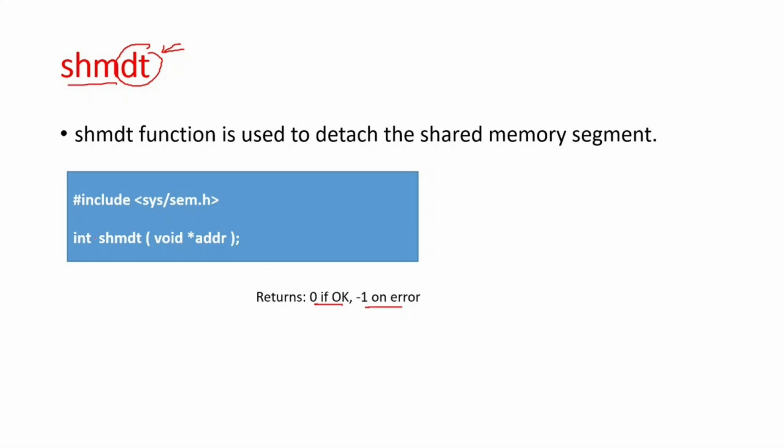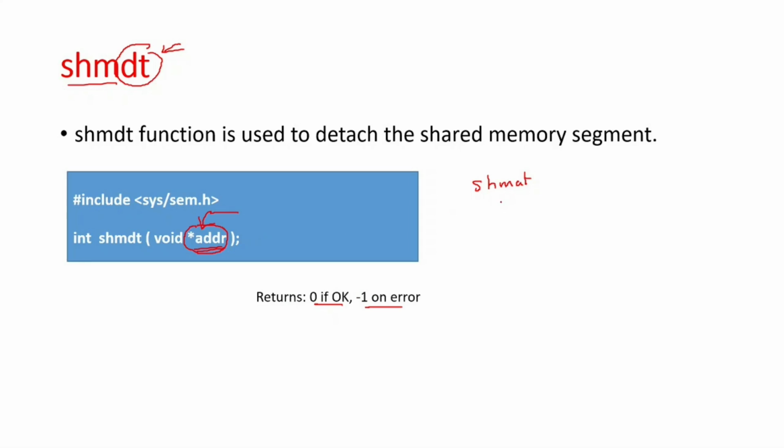And what are the parameters that are passed? We have only one parameter, which is nothing but the address. Now, what address do I have to pass here? This is the address that is the value returned by the SHM-AT function.